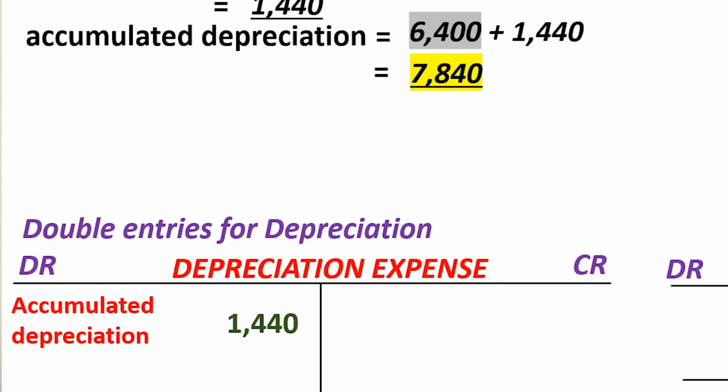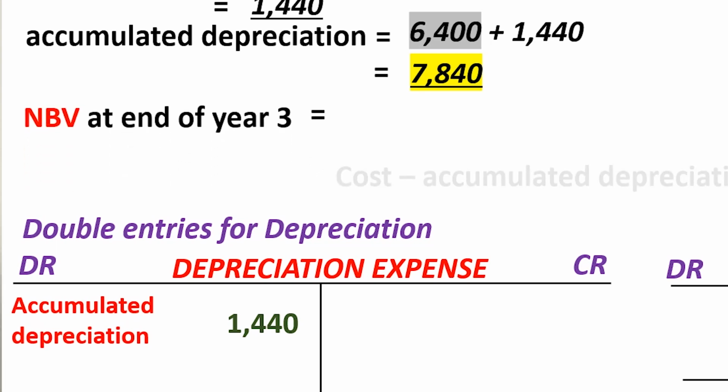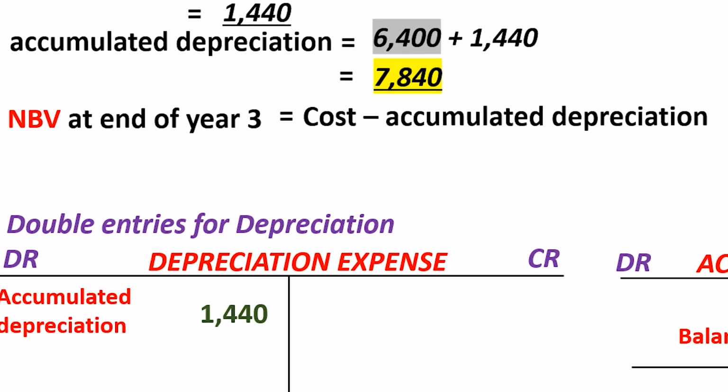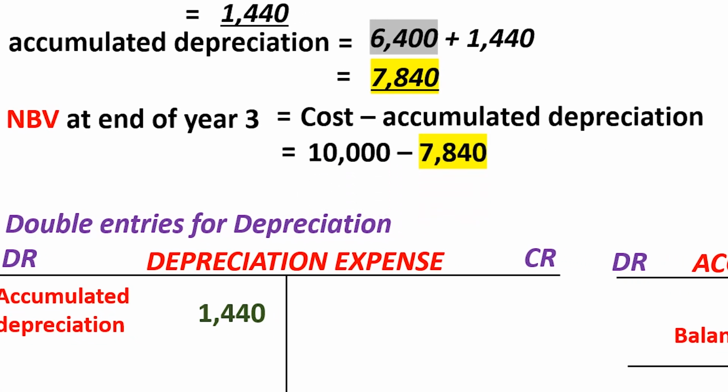7,840. So at the end of the third year, we want to find what value of the asset we are going to post to the balance sheet. The presentation is going to state the cost less the accumulated depreciation. So the net book value of this asset at the end of the third year is going to be the cost of the asset, which is 10,000, deduct the accumulated depreciation, which in this case is 7,840, and what we remain with is 2,160.